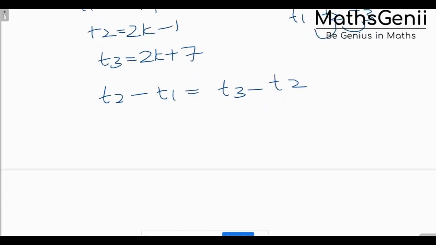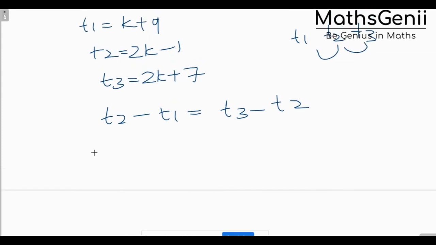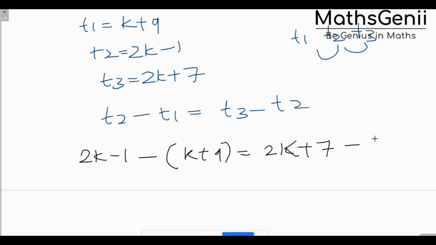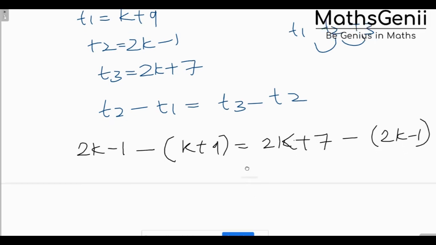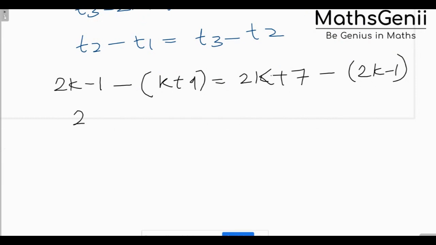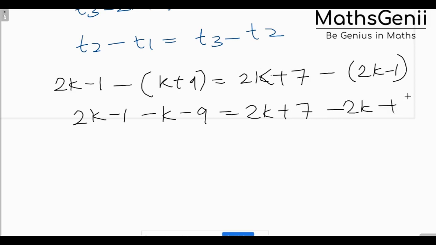Now just substitution is remaining. What is T2? Minus. Always put a bracket sign. And what is T2? Always put a bracket sign. Now I'm opening the brackets. Minus sign goes inside, changes all the signs. So minus 2K and minus 1 will become plus 1.